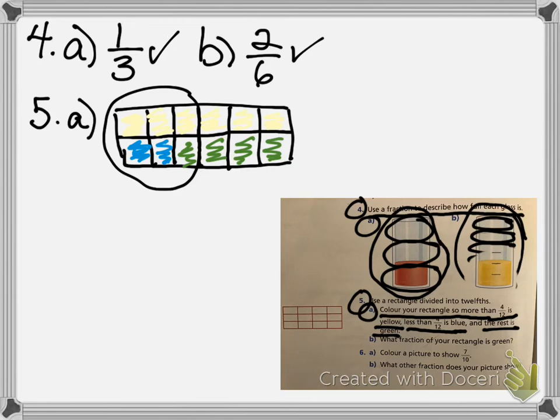Okay, B. So let's do B. We can do B here. Got room underneath. What fraction of your rectangle is green? That's the question they want to know. So pause the video and write in the fraction for the green section.